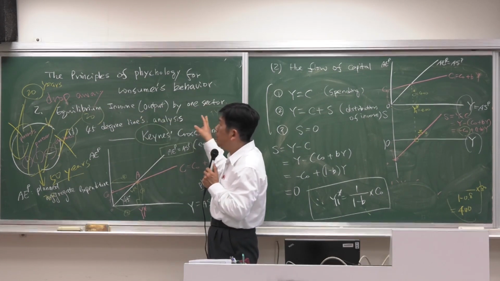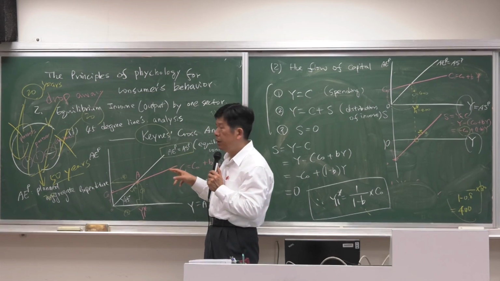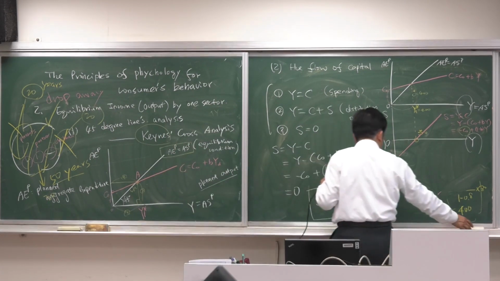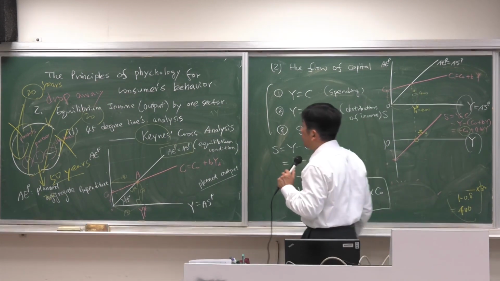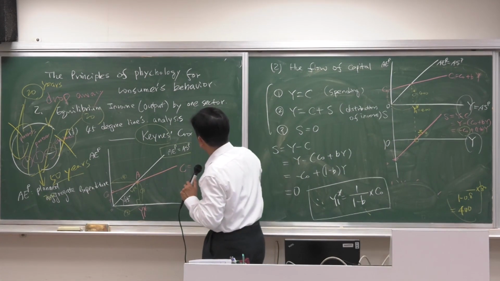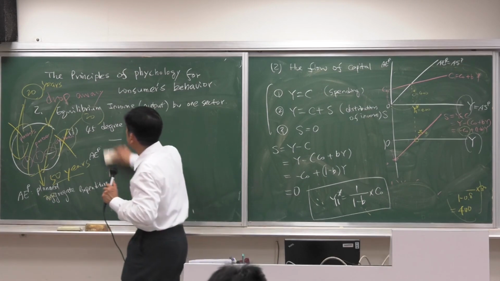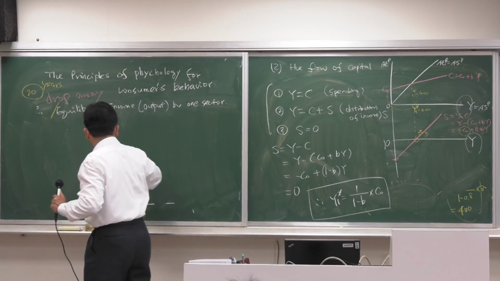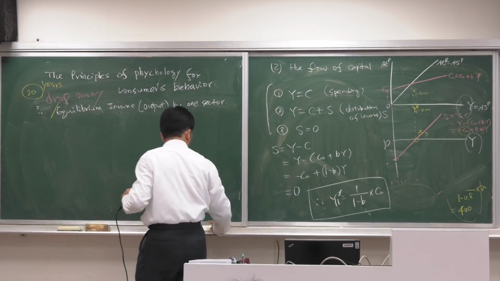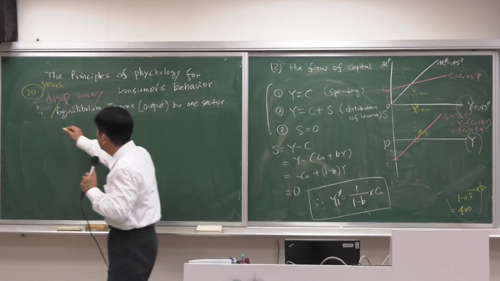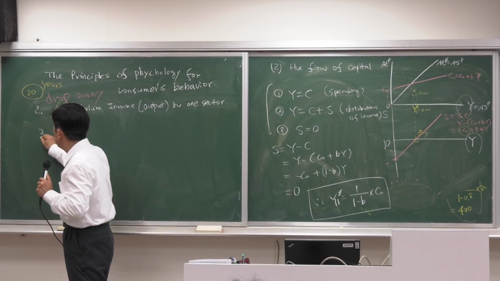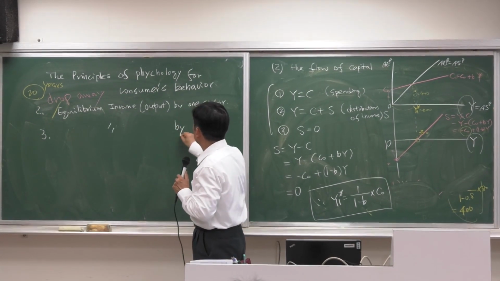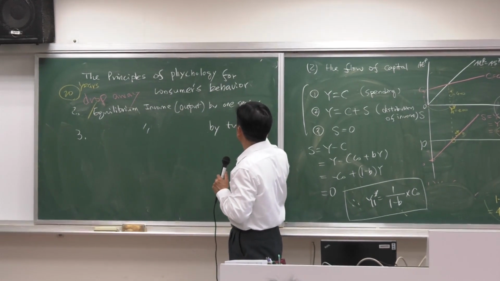One sector is only concerned with the household, and after that, now we can try to extend to the second. So here, we can continue to try to know the third one, the equilibrium by two sectors.